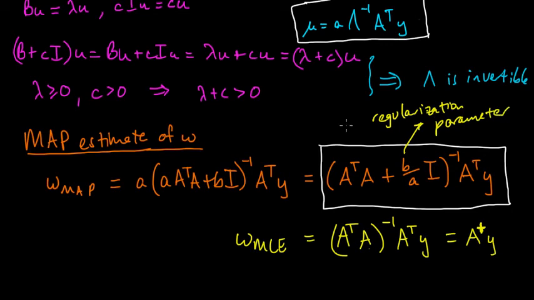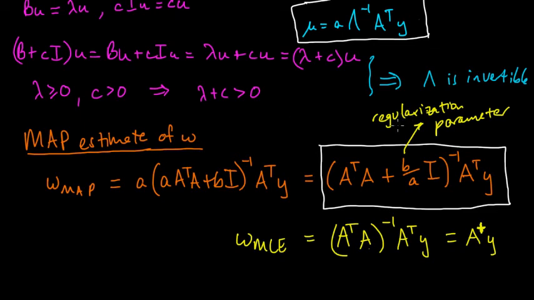People use different names. Sometimes they use lambda for a regularization parameter, but we were using lambda for something else here. Regularization is, in some sense, a more general technique. Most of the time, regularization is equivalent to putting a prior and then computing the MAP estimate.